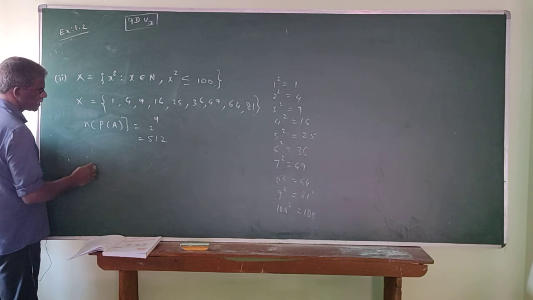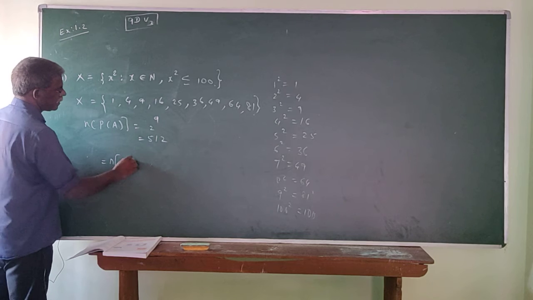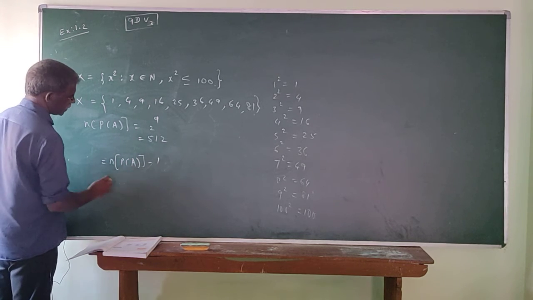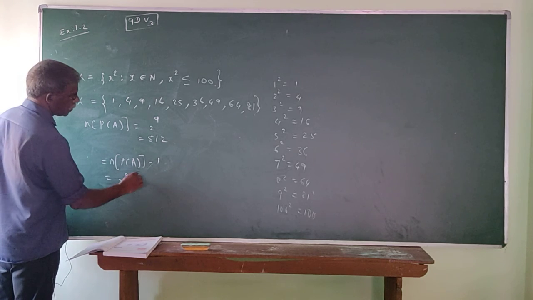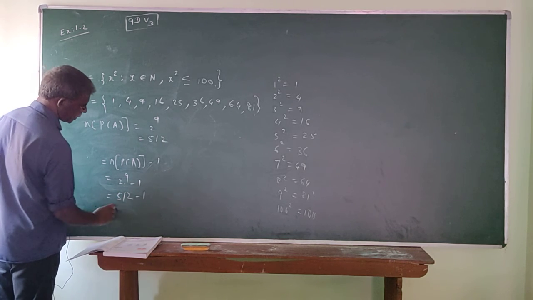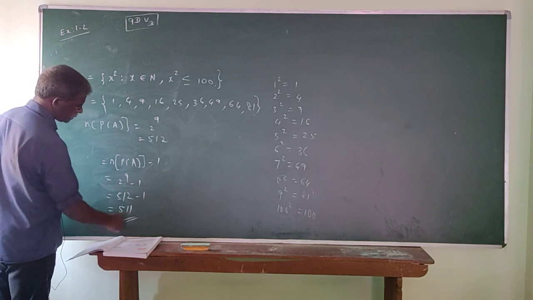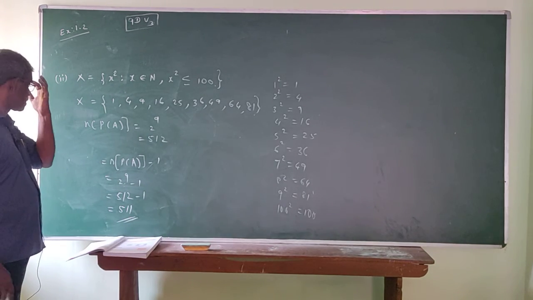Then the number of proper subsets is n(P(A)) minus 1, so 2 power 9 minus 1, that is 511. This is the answer for the second question. These are easy questions.